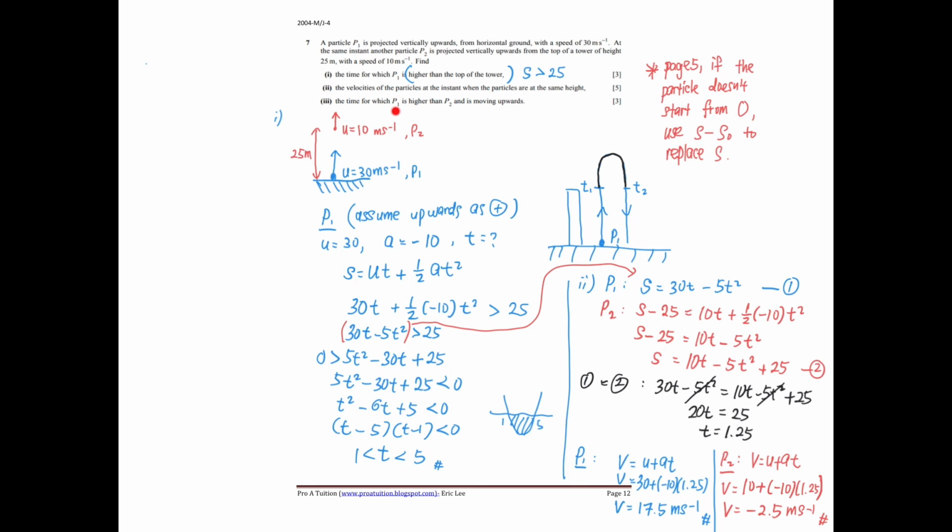Higher than P2 and is moving upwards. You know P1 will move downwards after a particular moment. After the maximum height, it will start moving downwards. So we want the time in between.